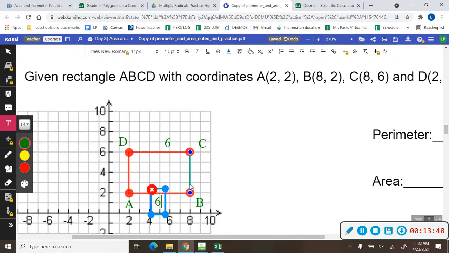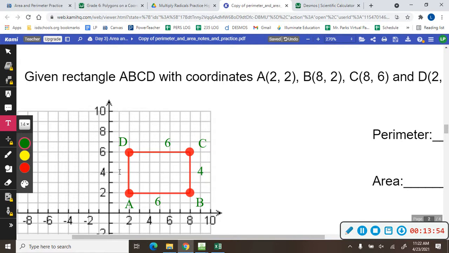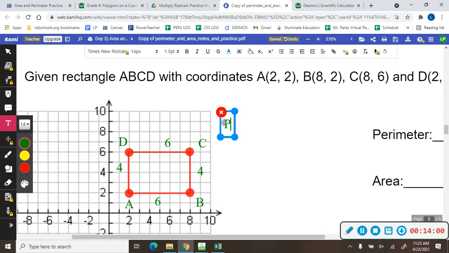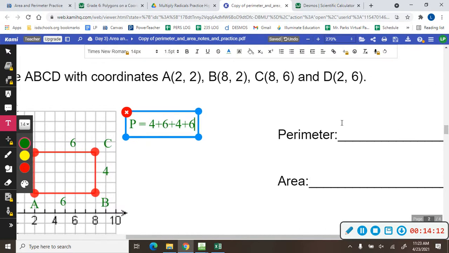From here to here, 1, 2, 3, 4. And this is 4. So when I add, the perimeter is equal to 4 plus 6 plus 4 plus 6, which is 20. So I'd say 20 units.